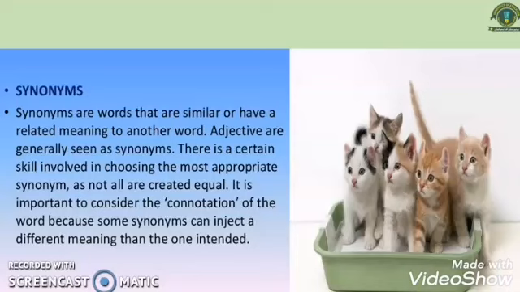Whenever we feel one word is being used again and again in the text, we might lose interest in reading or studying that text. When we have a variety of words with the same or related meaning to another word, we feel more interest.